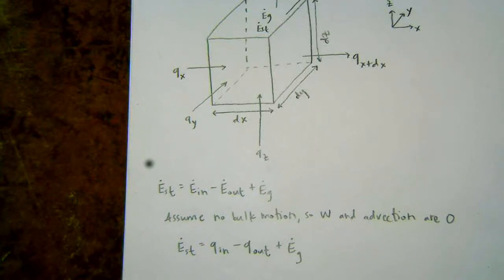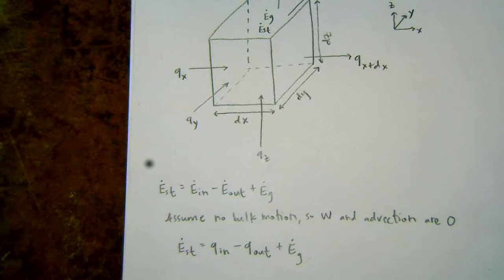Those terms are zero. So that leaves us with just heat being transferred in and out. And again, this is still consistent in units because the small q is on a time rate basis. So again, we're assuming that there's no bulk motion, so we're just talking about conduction here. So we've got the Q in and Q out on every side.